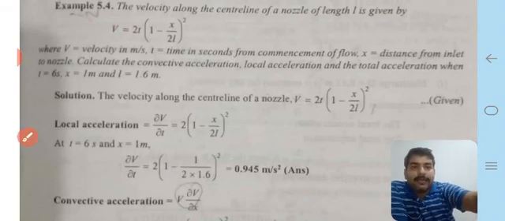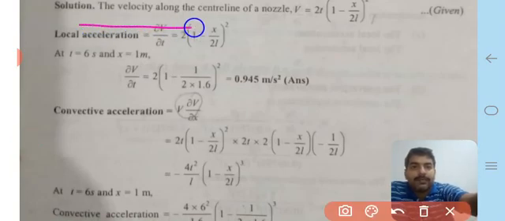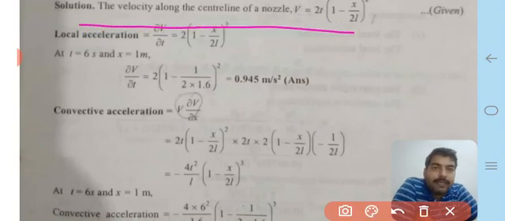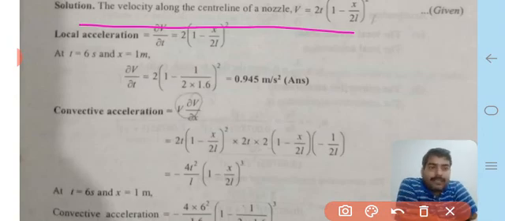Now we can solve these equations. The solution is here: the velocity along the centerline of the nozzle v is equal to 2t times (1 minus x upon 2L) whole square. For the local acceleration, we take the partial derivative of the given velocity field with respect to t.